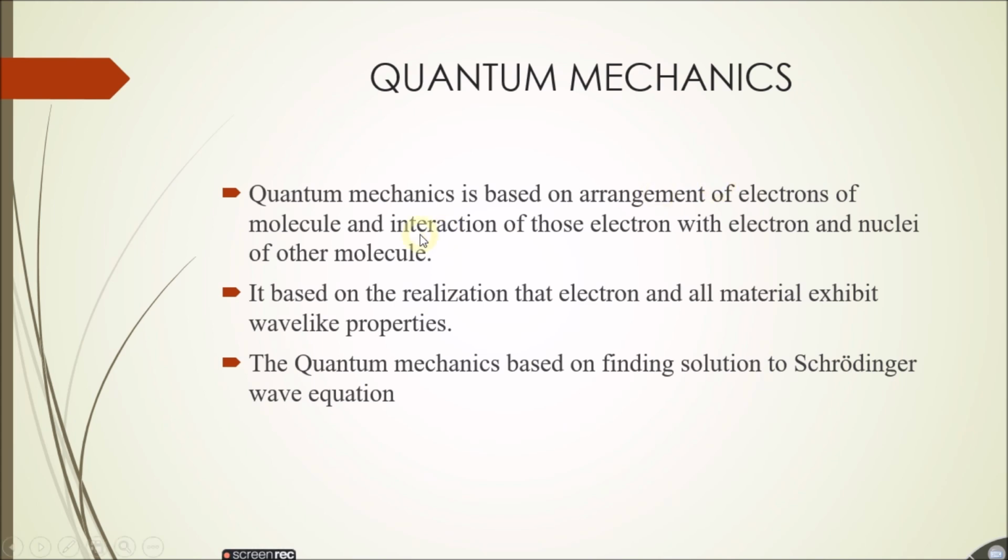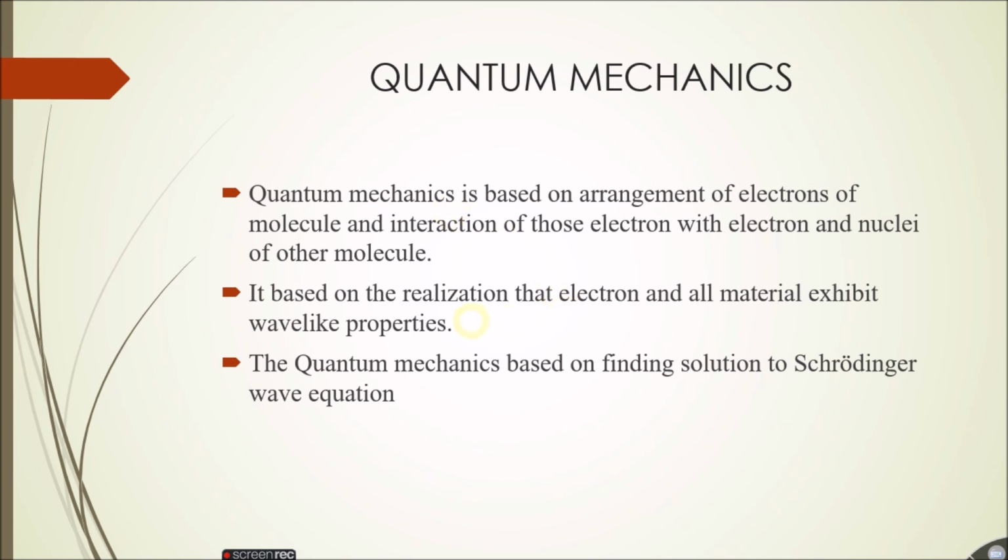You know that quantum mechanics is based on the arrangement of electrons of a molecule and the interaction of those electrons with the electrons and nuclei of other molecules. So it is completely based on the interactions of electrons with the nuclei. That is the basis for quantum mechanics.